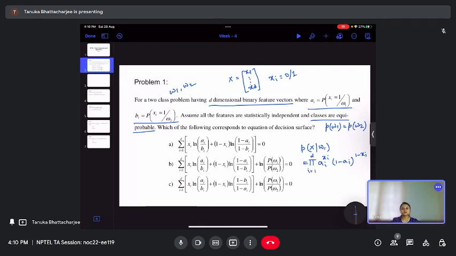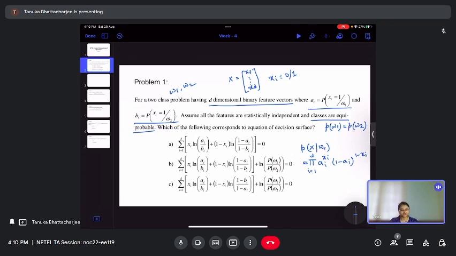We can write it like this: ai to the power xi into 1 minus ai to the power 1 minus xi, the product of this term for all i from 1 to d. This gives us the general expression for the class conditional density for class omega 1, because ai is the probability that xi is 1 and 1 minus ai is the probability that xi is 0.